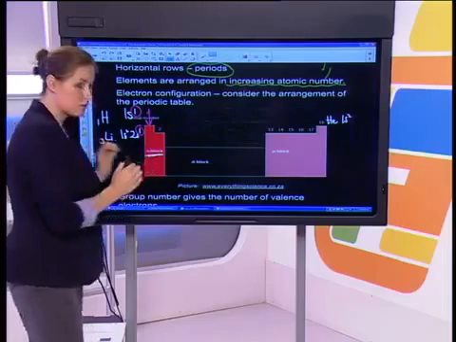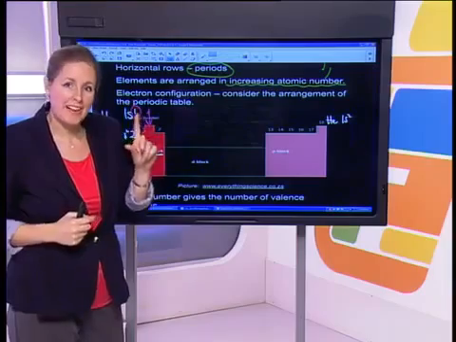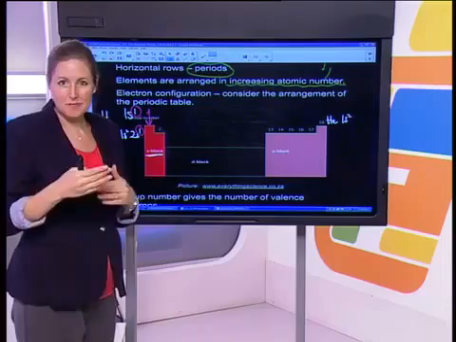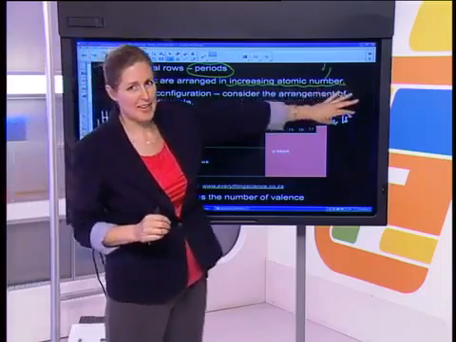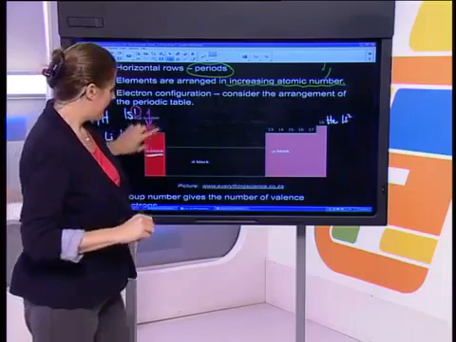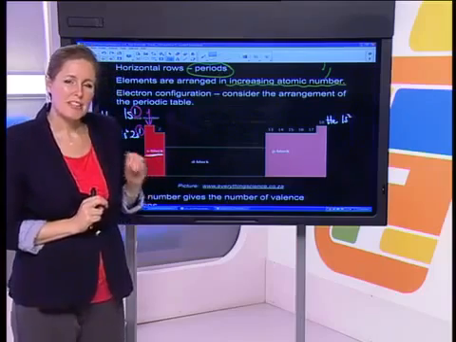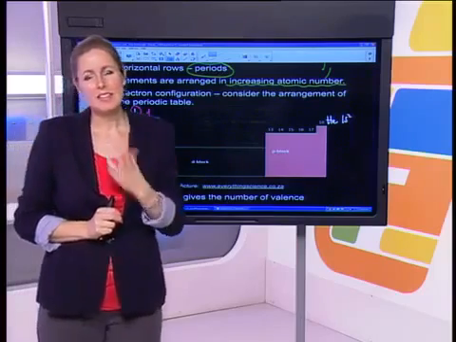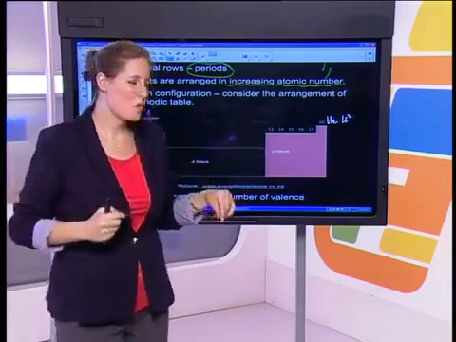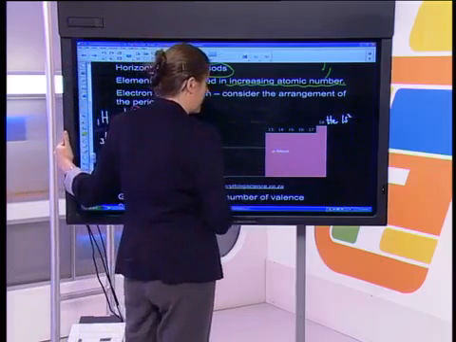The first group will be the first column, would fill up s1 always. The second one would fill up s2. Of course, except helium, which gets shifted across because it's a noble gas. Then the transition elements, we notice there, are filling up the d blocks. Now, we haven't done d orbitals, but as you continue, you fill up more orbitals, and those would be the d orbitals. Then next we come across to the p orbitals.